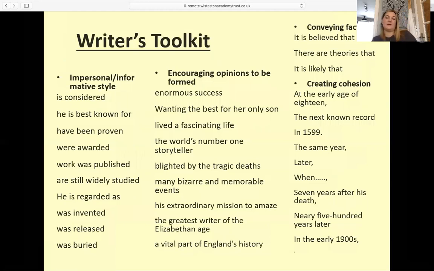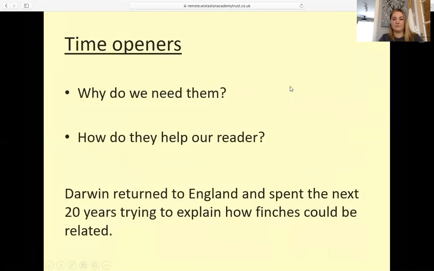So here are some ideas of how the biographies we've already looked at have used the writer's toolkit. So there are some phrases in here that you might be able to use for your writing. So time openers, why do we need them? How do they help our reader?